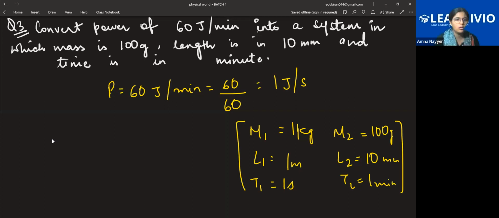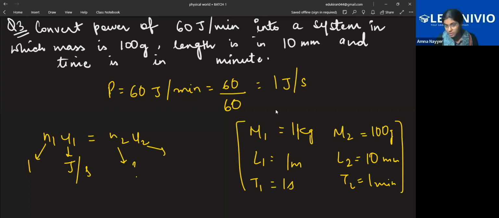See again, N1 U1 is equal to N2 U2. N1 is 1. U1, this is joules per second. N2 we have to calculate. And U2 is this new system of units which is given.